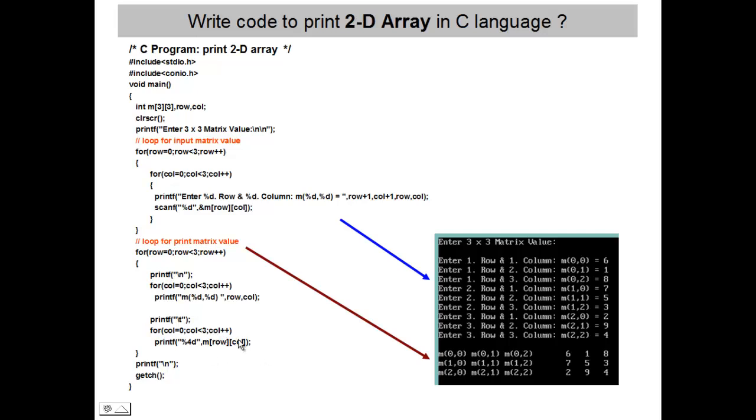So 0 0 6, 0 1 1, 0 2 8, then 1 0 7, 1 1 5, 1 2 3, next 2 0 2, 2 1 9, 2 2 4. So this is the 2-dimension array input and output.